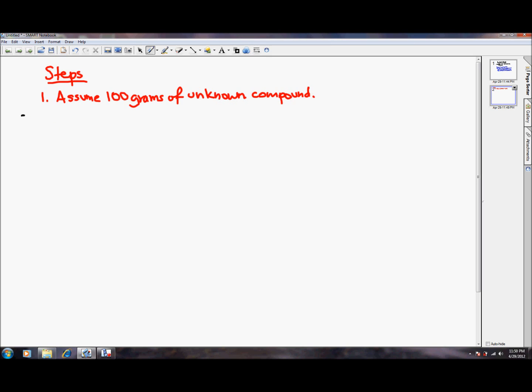Alright, so we're going to start with 35.5% carbon, 4.77% hydrogen, 8.29% nitrogen, 13.6% sodium, and 37.9% O. Okay, so these are our numbers.